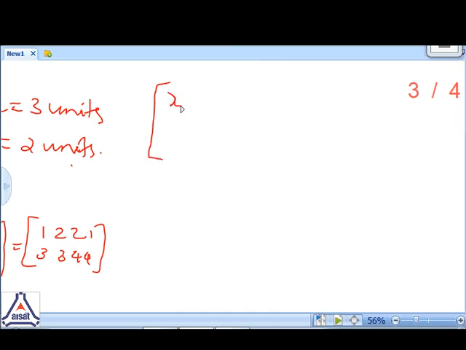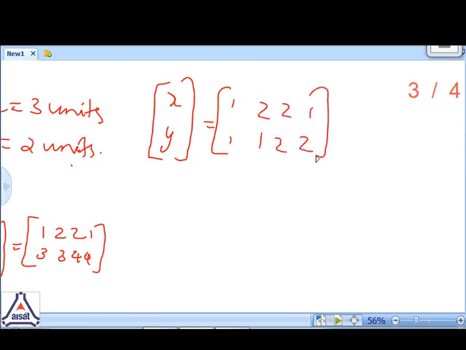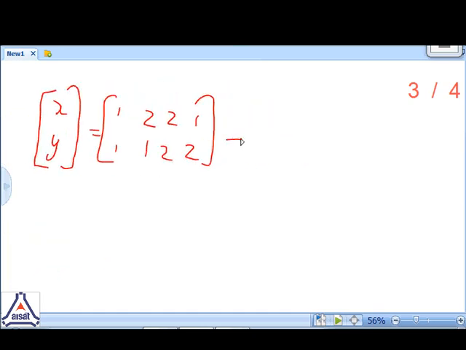So this is our starting matrix, the initial matrix. We know that 1 1, 2 1, 2 2, 1 2, and we are adding 3 in x direction and 2 in y direction. This is the translation matrix.